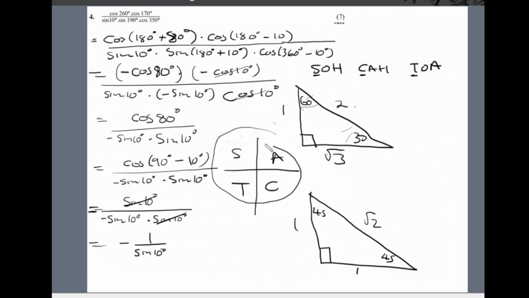CAST diagram, this is important. Okay, we'll revise your grade 11 and make sure you can apply reduction formula, the CAST diagram, and special angles. Okay, so we'll stop here for now.